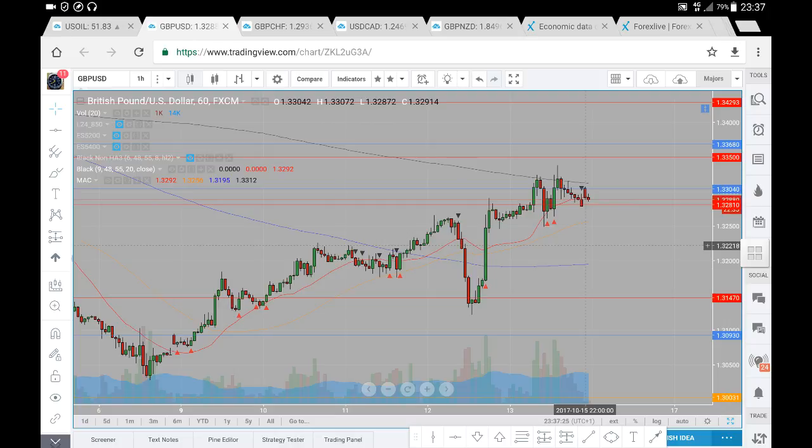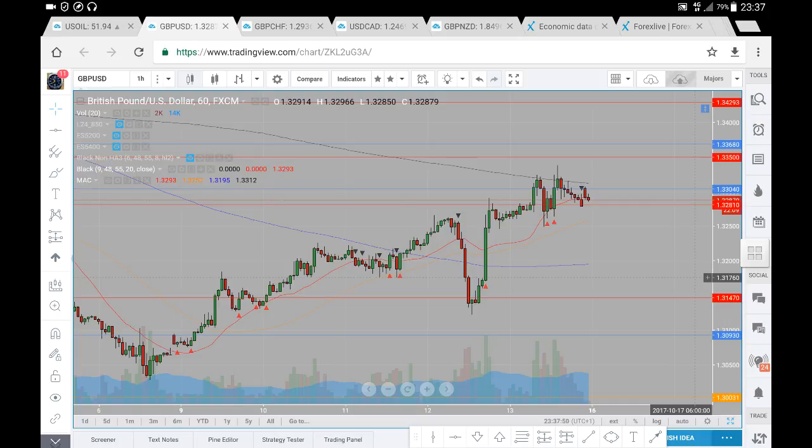So with pound dollar, again, we're in a bit of a consolidation. Prices are being squeezed, so a breakout is likely in light of the recent price action to the upside, and the price is finding quite a bit of support around 131.47. I would expect the breakout to be to the upside.